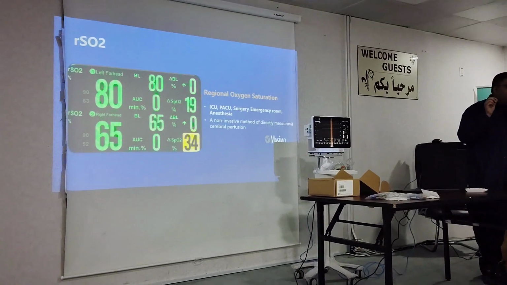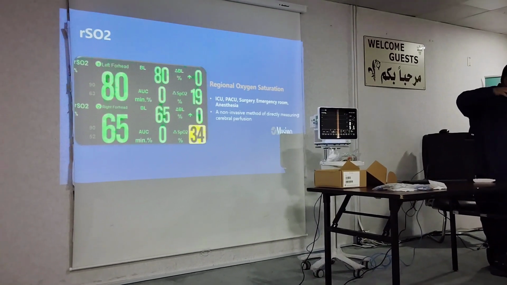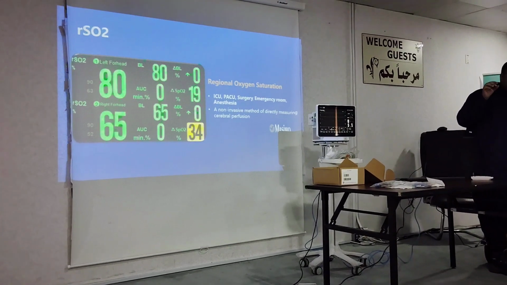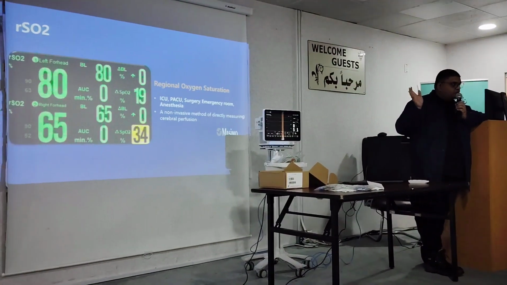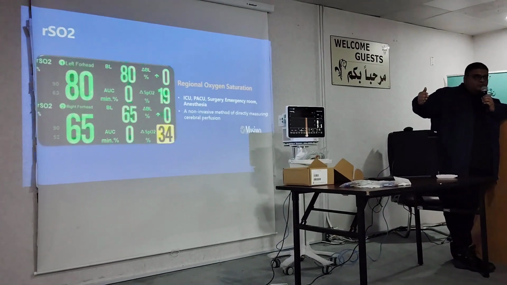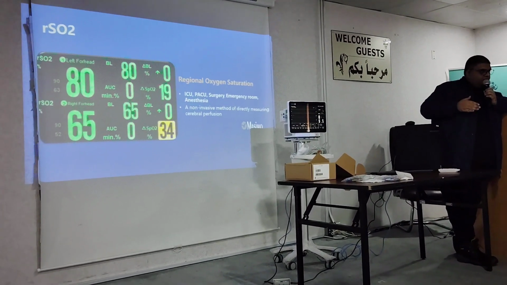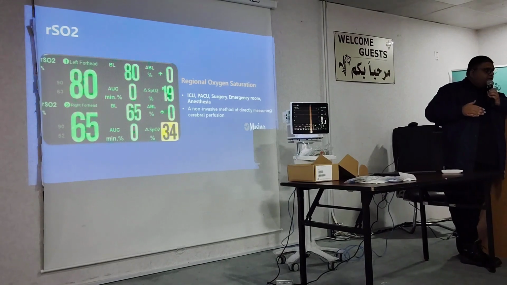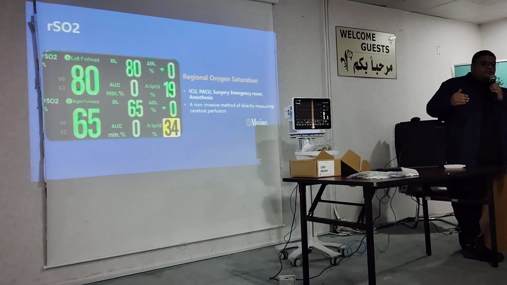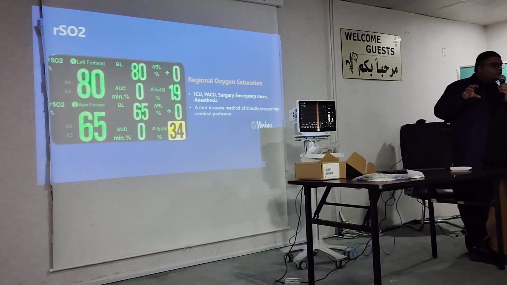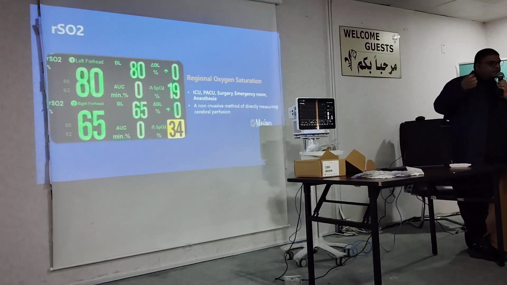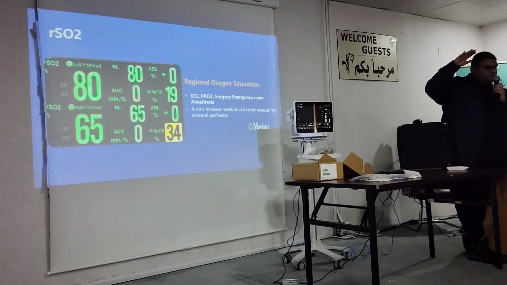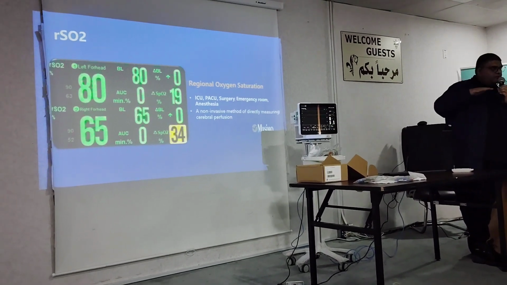Because it's away from the blood vessels. So in the blood you have, let's say, 100% oxygen, SpO2 is 100. But as you move further away from the source, your oxygen levels should be lower. And another reason is the tissue is using the oxygen. They're consuming it. So once they use it, the RSO2 value should be lower.